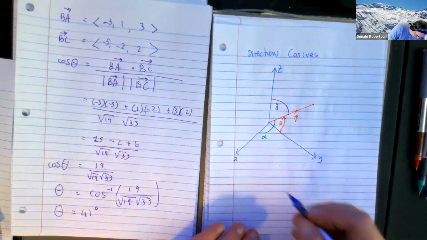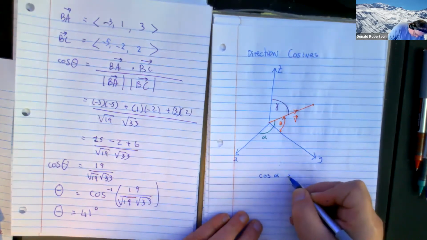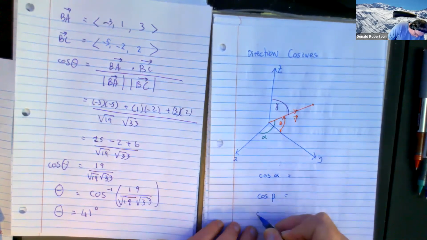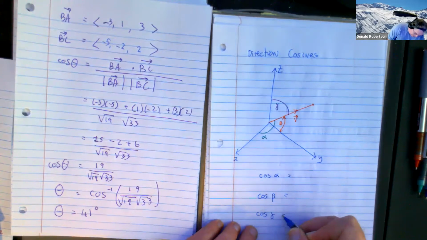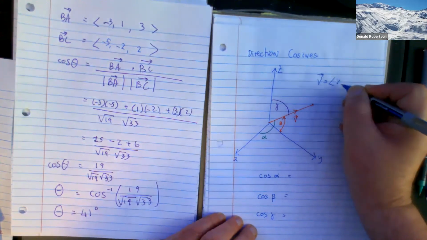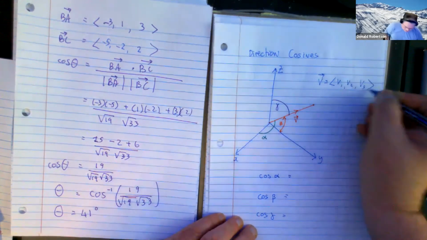And here is the formula for them: the cosine of alpha, the cosine of beta, and the cosine of gamma. Now I'm going to take the vector v and rewrite it as v1, v2, and v3.